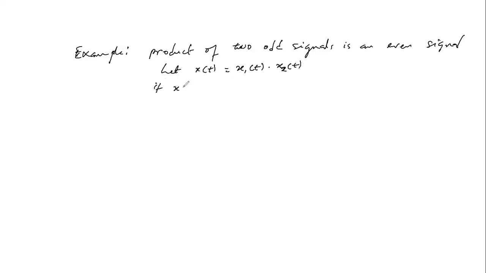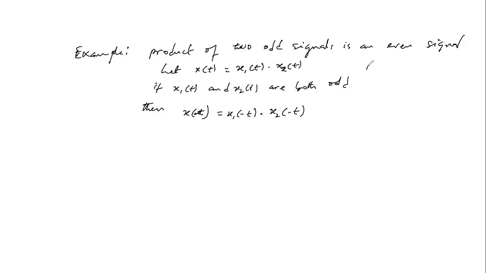If S1 of t and S2 of t are both odd, then S of minus t will give us S1 of minus t dot S2 of minus t.